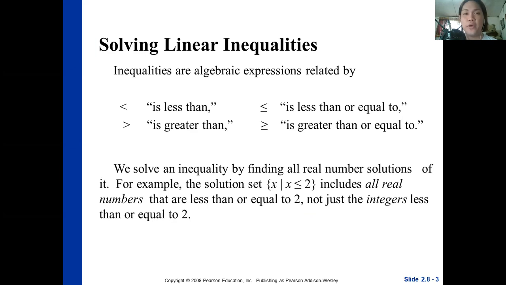For example, the solution set {x such that x ≤ 2} includes all real numbers that are less than or equal to 2, not just the integers, because 2 is included since we use the symbol less than or equal to. So 2 and below in this given inequality.